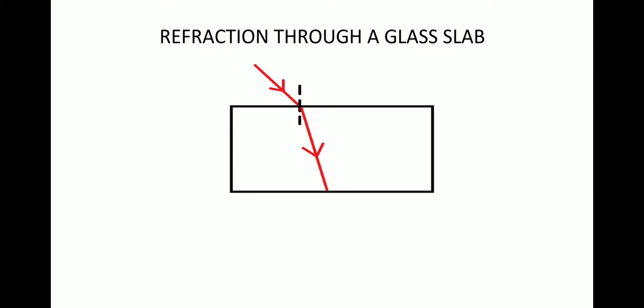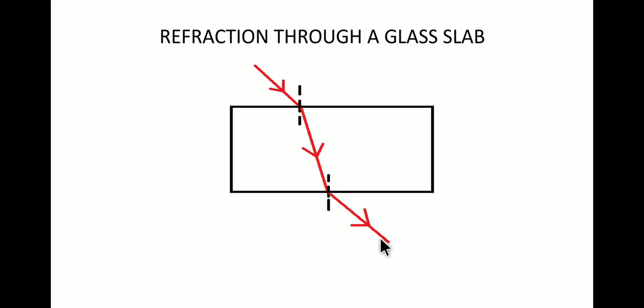This bent ray, the refracted ray, as it reaches the second surface down here, is traveling from glass to air, that is from denser to rarer medium. As it travels from denser to rarer, it will bend away from the normal. This ray, which emerges out of the glass slab, is called the emergent ray.